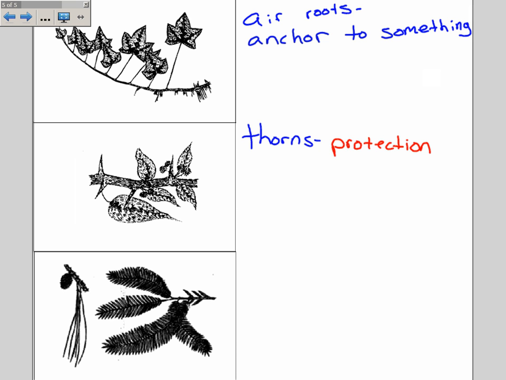Well, if it's got a smaller leaf, in the shape of a needle, it doesn't have to use as much water to make its food. It can help save some of that water. So needle-shaped leaves help save water.